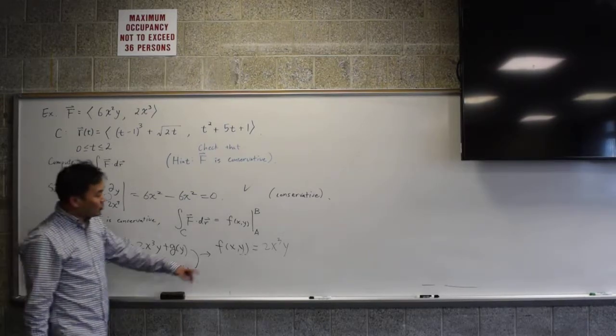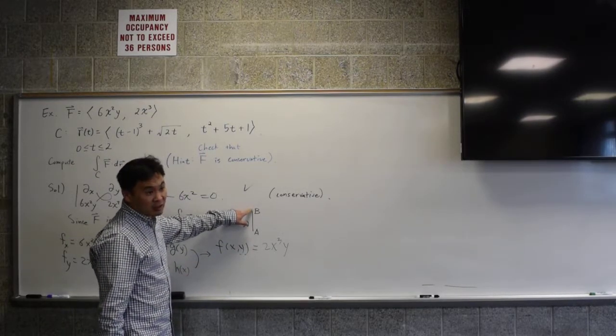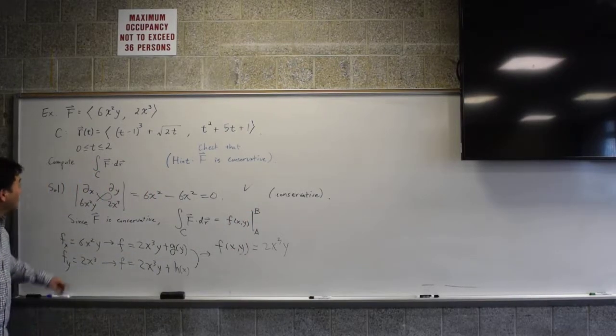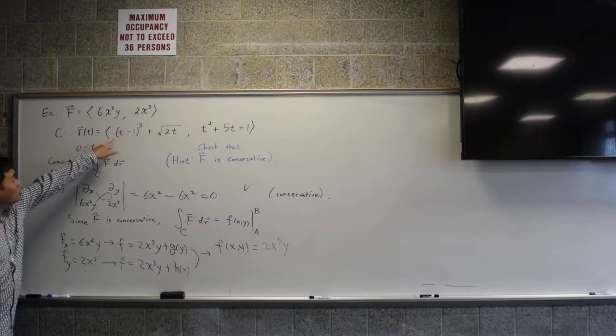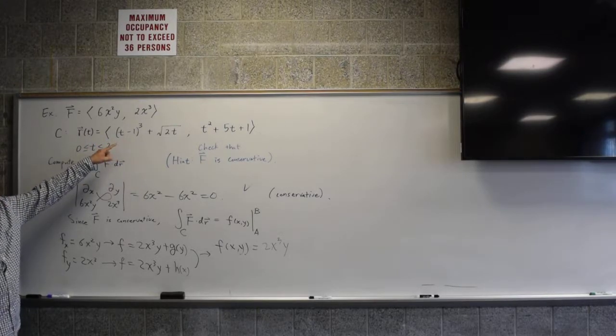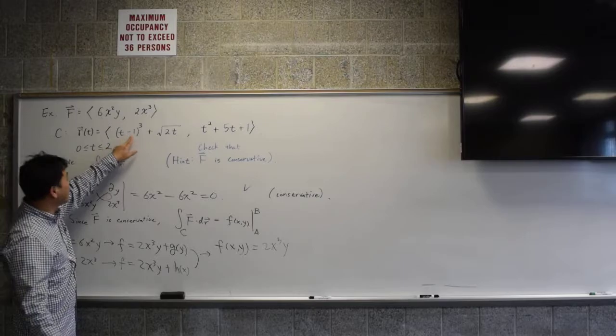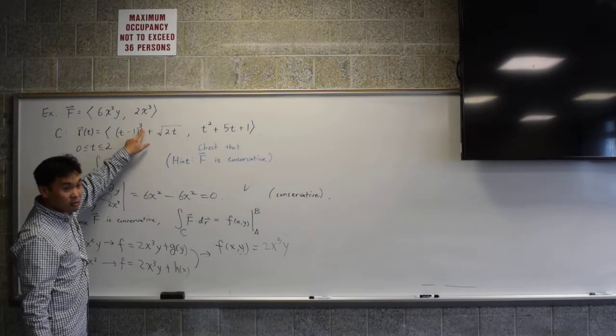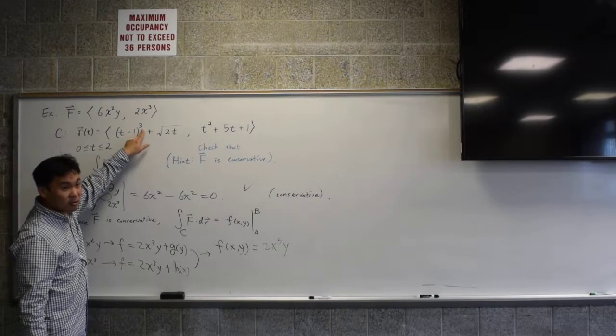Now we have to figure out what the beginning point and what the ending point is. So let's try that. When t is 0, where does the curve begin? 0 minus 1 cubed, so negative 1 cubed is negative 1.